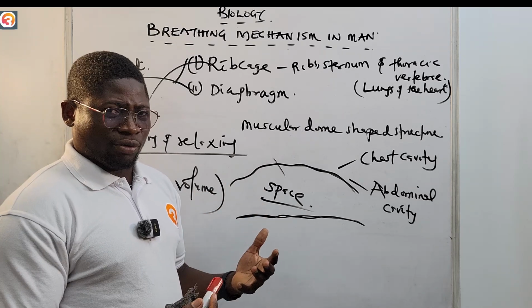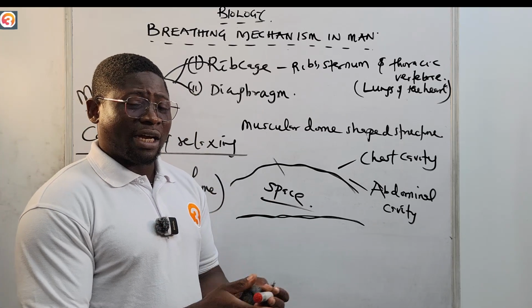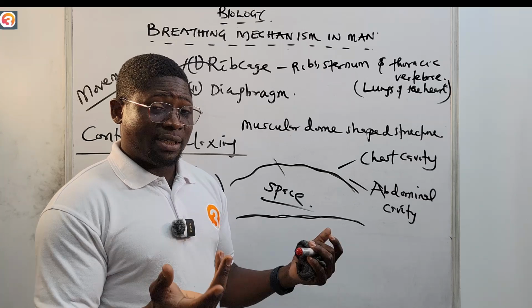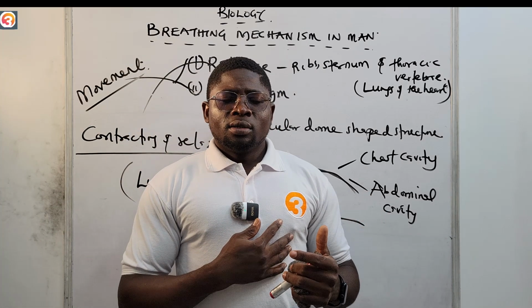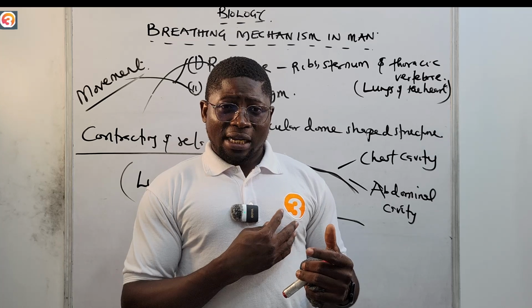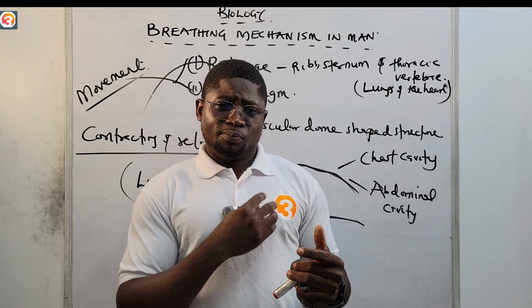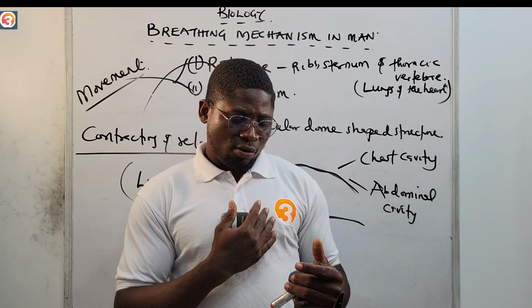Because you are breathing in, look at your chest. If you put your hand on your chest and breathe in, what do you observe? Let us breathe in and demonstrate this. You can see that your chest pushes forward, and goes slightly upward.